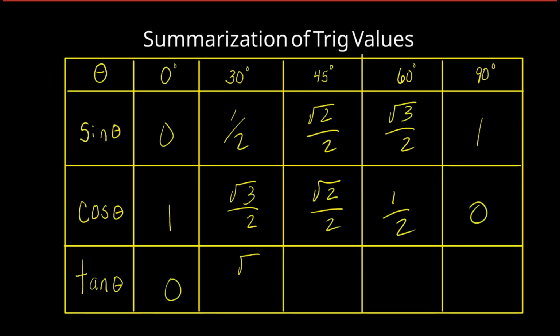For tangent: 0, square root of 3 over 3, 1, square root of 3 and undefined. We'll be using these numbers constantly in physics. So it wouldn't hurt to be able to either memorize these or to be able to solve them like I showed you earlier.